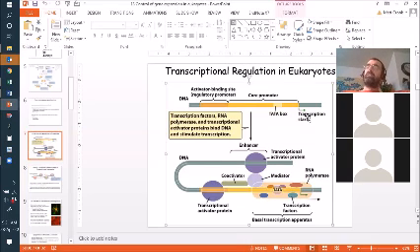But in eukaryotes, it's truly astonishing how finely controlled transcription, or gene expression in general, is. And that's in many ways what gives us our complexity, not as in I'm a special individual, but in terms of biology.